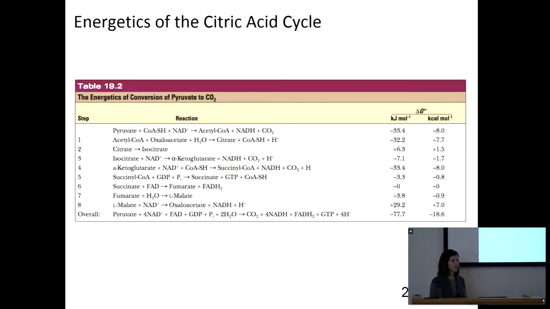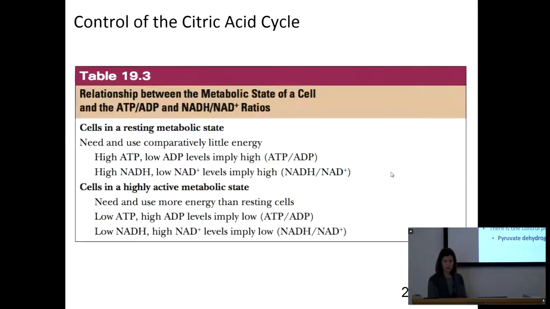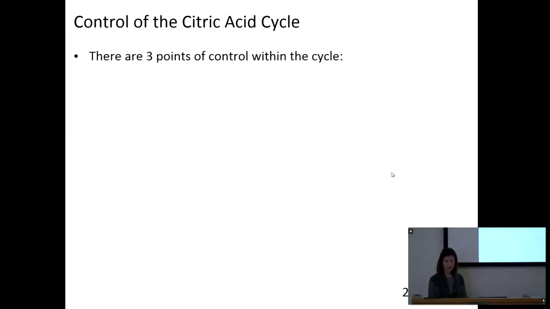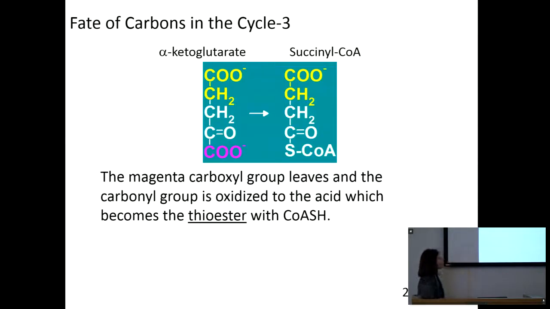Any questions about the citric acid cycle? I'm ready to leave it. Yes? The fate of the carbons you're talking about, what controls that? Is that just energetics? No, it's organic chemistry. So the question was, why will those carbons coming in not leave that first time? And that is basically the mechanisms of the reactions.